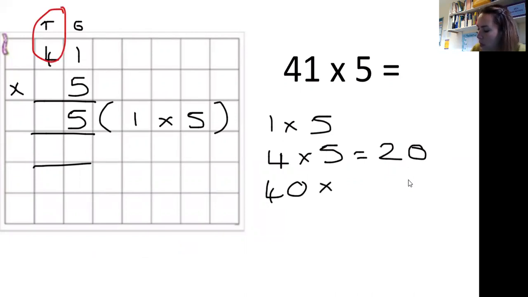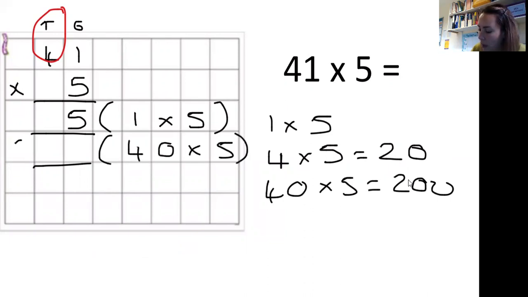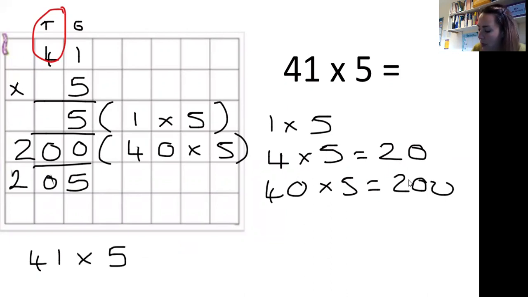So we know it's 40 times 5, which equals 200. So I need to add those together, and I know that 41 times 5 equals 205. How did you do? Did you get them right or did you get them wrong?